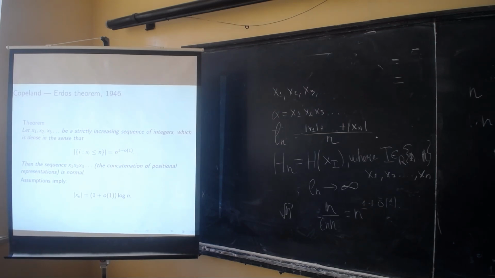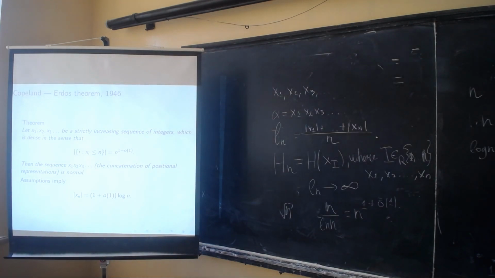And if you take logs, it means that log n is 1 minus small o of 1 times log xn. Log xn, its length. And why does the second equality hold? Because n is the number of elements of our sequence which are at most xn.